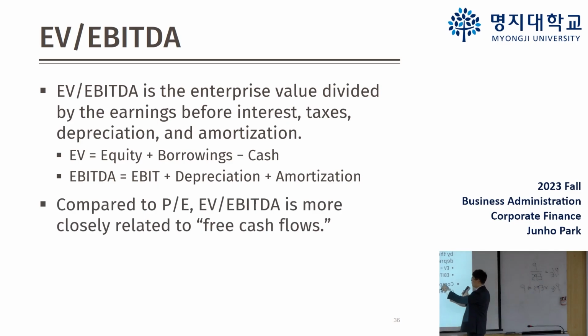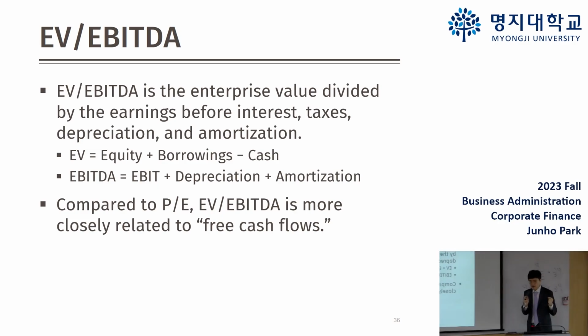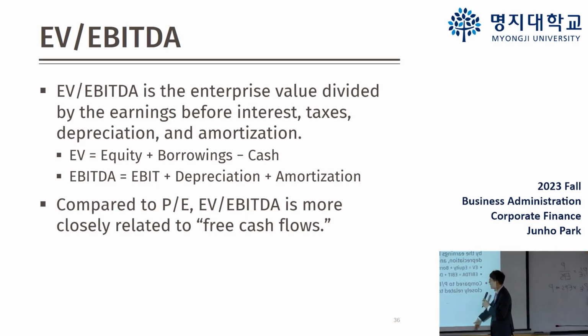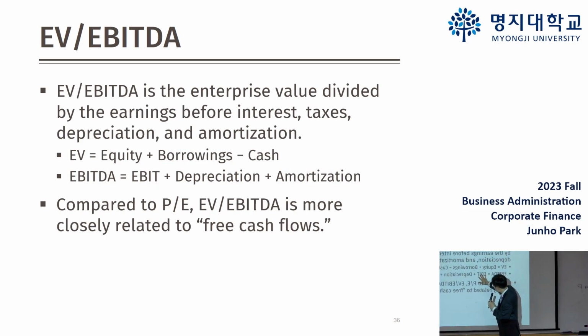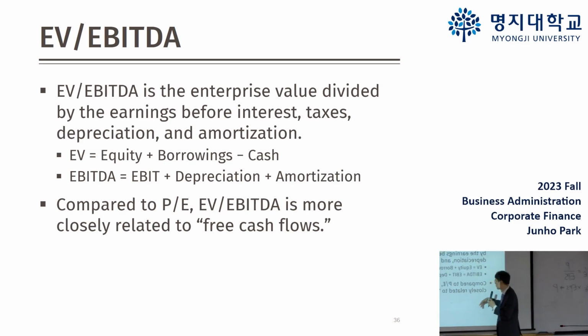In the DCF calculation, the discounted cash flow valuation, we talk about the operating cash flow, which is calculated as EBIT minus tax plus depreciation. As you can see, EBITDA and operating cash flows resemble each other very much. Therefore, we can say that the EBITDA is closely related to the calculation of free cash flows.